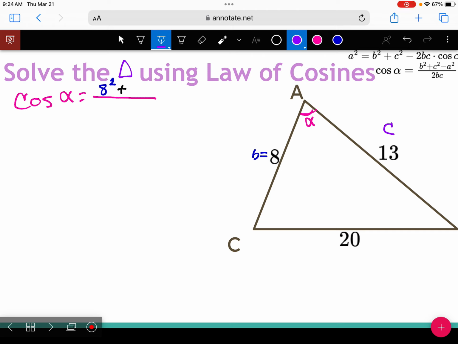C is 13. Minus our A squared. So side A is 20. And we put it over 2 times the product of the legs on the angle, so B times C in this case. 2 times 8 times 13.